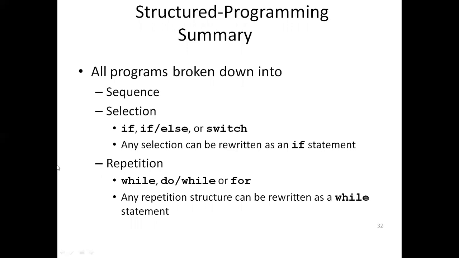Then we also have repetition: while, do while, and for. So far we learned if else, switch, while, do while, and for. We know that for and while can be switched for each other, and switch and if else can also be switched for each other.